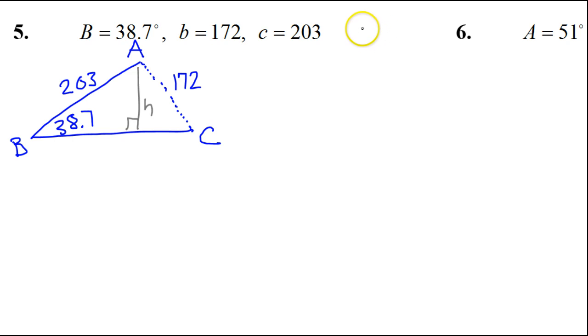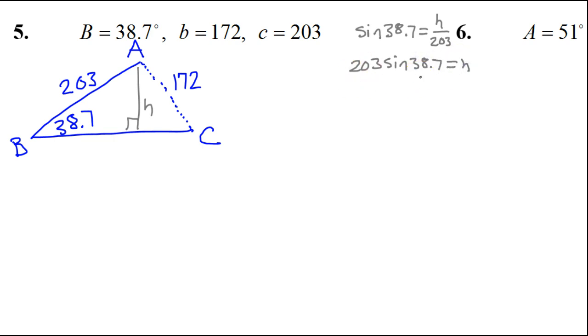So I'm going to do the sine of 38.7. All right, that should equal opposite over hypotenuse, so that should equal h over 203. Multiplying both sides by 203 is going to give me 203 sine 38.7 is equal to the height.